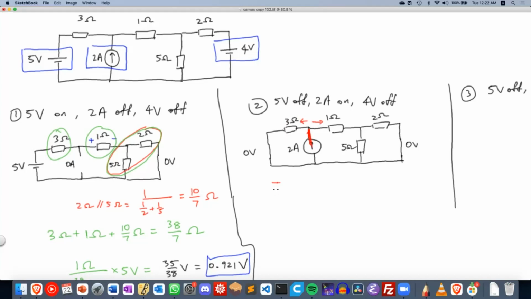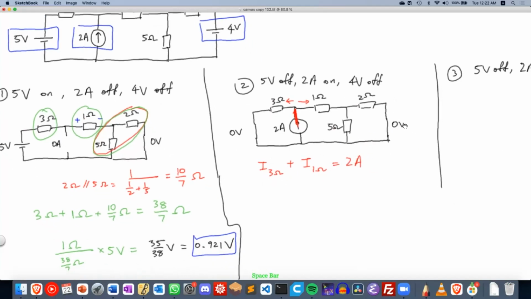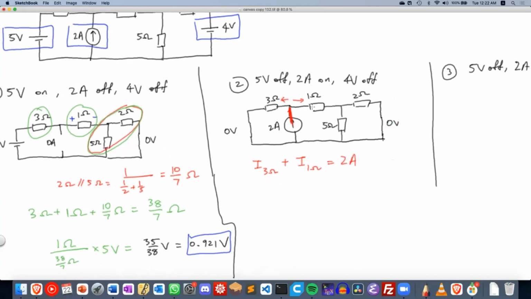So the current flowing through the 3 ohm plus the current flowing through the 1 ohm branch is going to equal 2 ampere. Additionally, the PD across this branch here is the same as the PD across the 3 ohm.